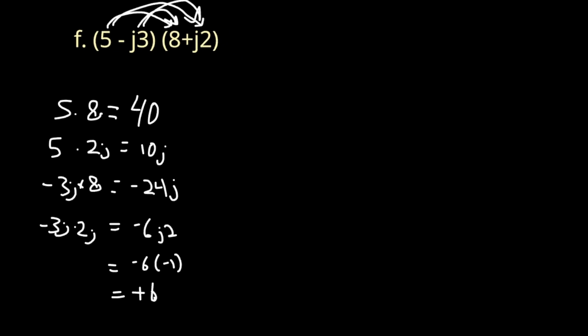Okay, so now if we rewrite this over again to make it easier to combine the terms together, negative 24j and positive 6, right? So now what we can do is we can add the real numbers, so 46, and then we can add the imaginary numbers.